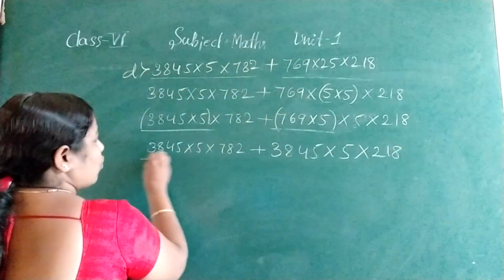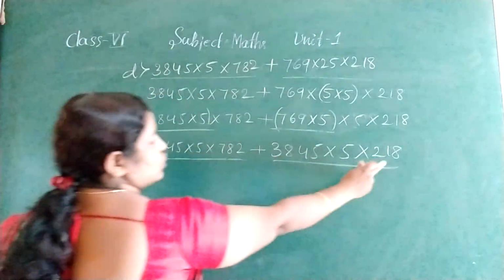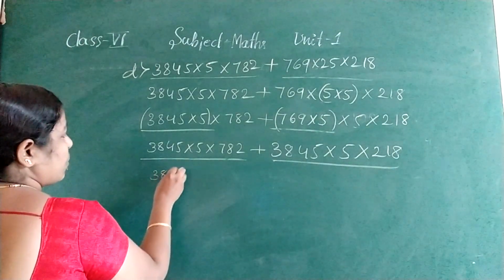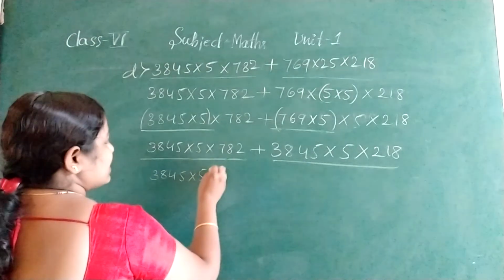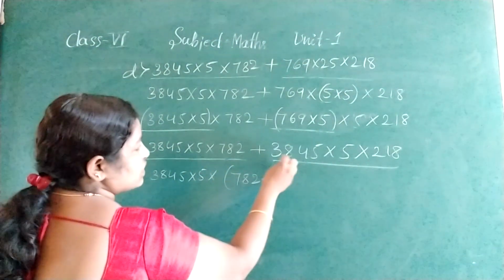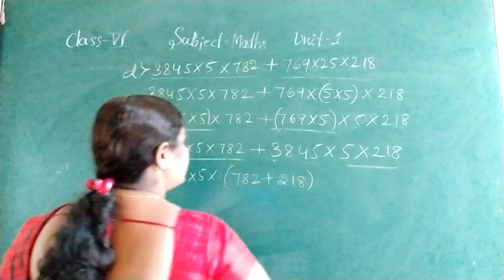218. Now both steps have become common. See, and these two are different. Take the common thing out into 5. What is remaining inside it? 782 plus this has come out and 218 is remaining.